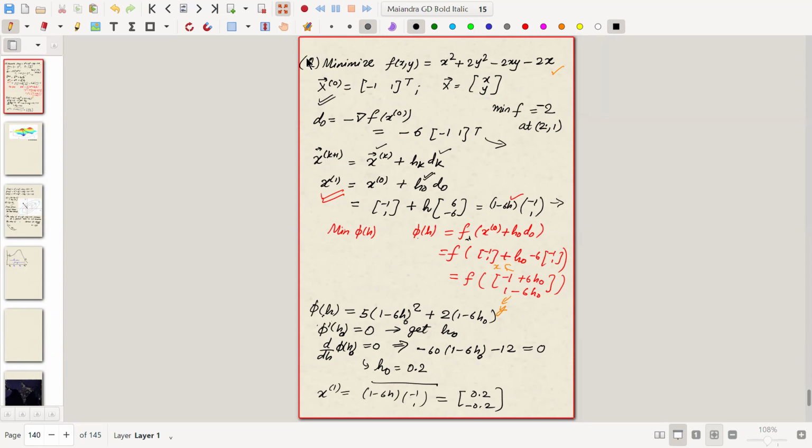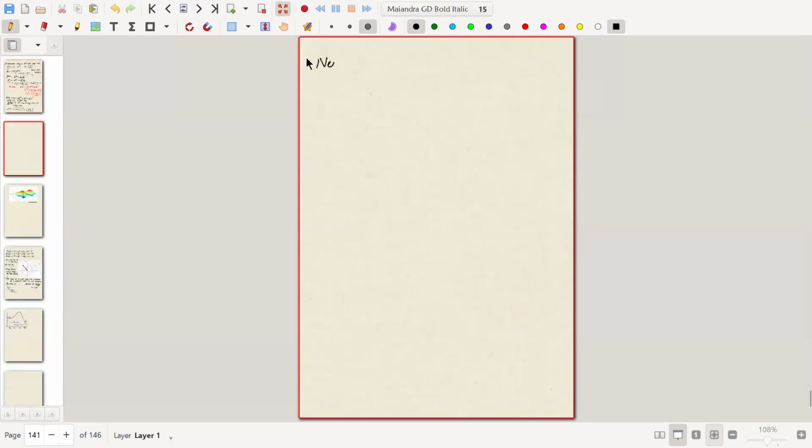X1 you found. Now next what will you do? You find x2, which is x1 plus h1 d1. Okay. Here, next iteration, and so on. If you do, you will slowly see that the norm of dk is less than epsilon.